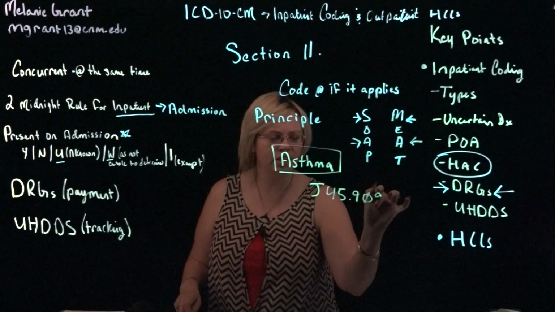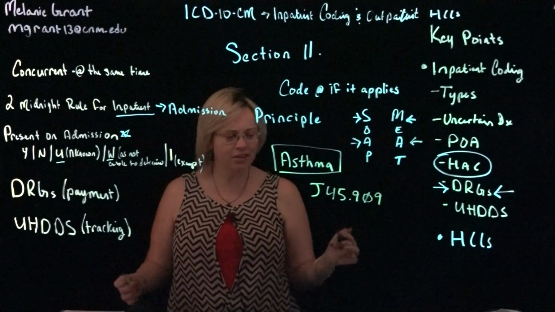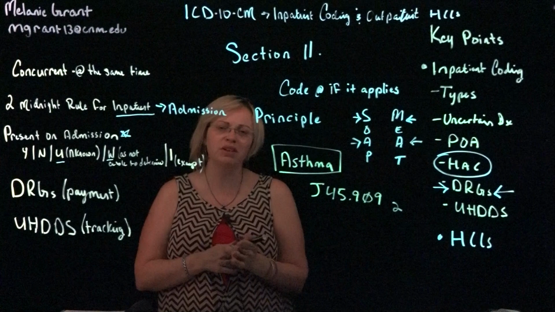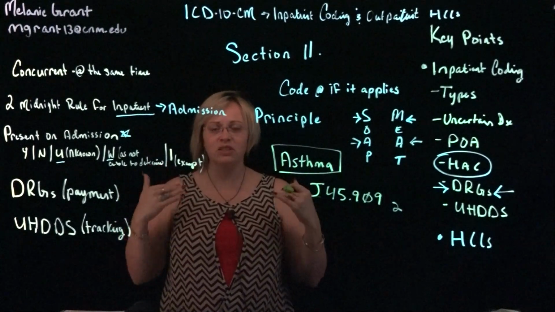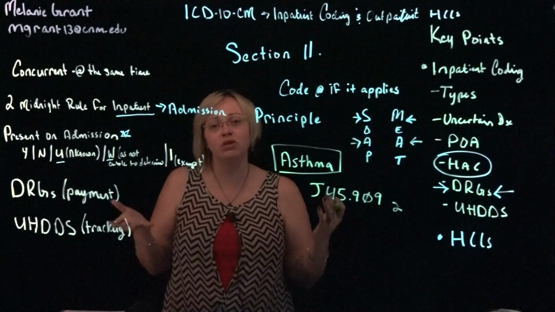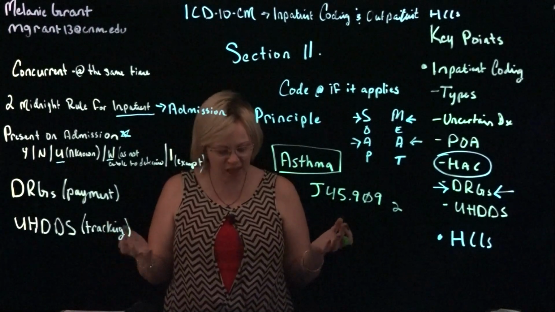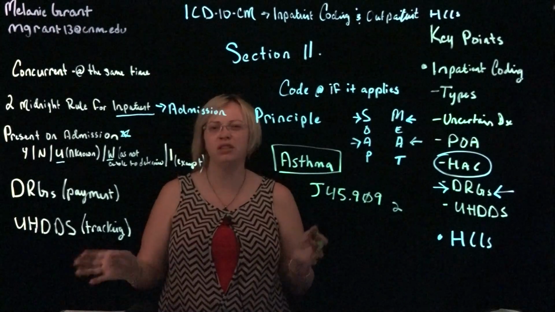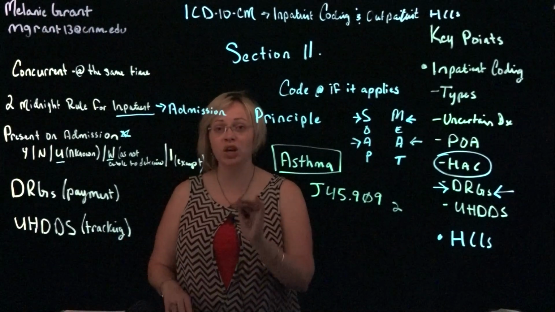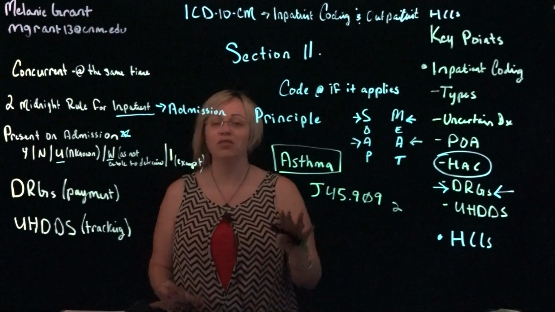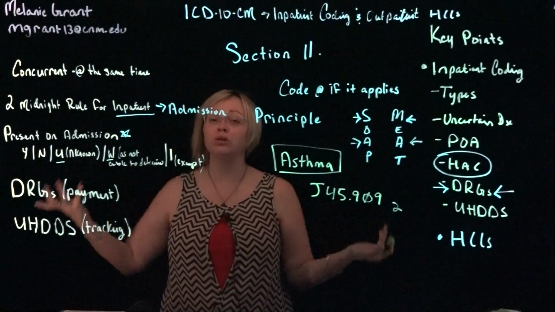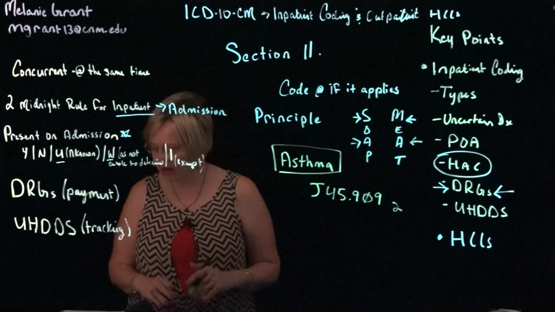And I don't have the exact DRG weight for this, but let's say that it gives them 2 points. So when we're talking about DRGs, each of the specific DRGs has a weight where they say this diagnosis code is worth so much money, and here's the weight, and they calculate. They have all these cool and weird calculations I prefer not to get into in this class, but we'll talk about those in the future. For now, just know that J45.909 is worth, we're presuming, 2, okay?